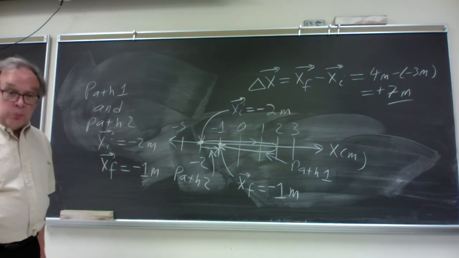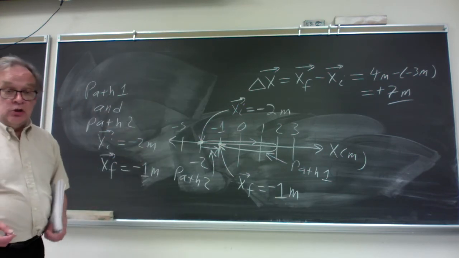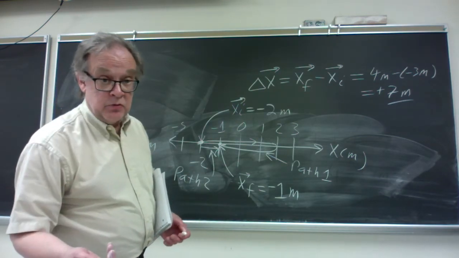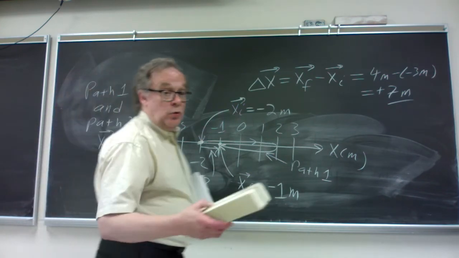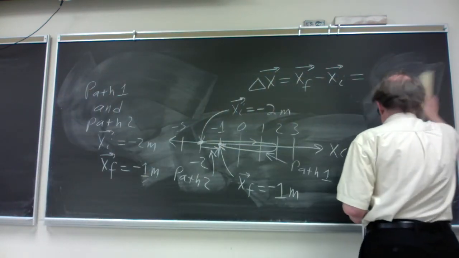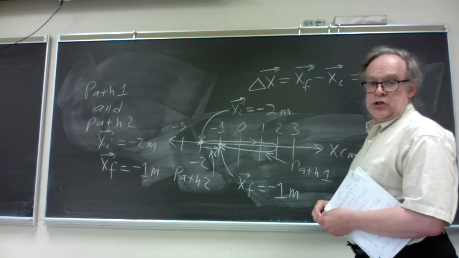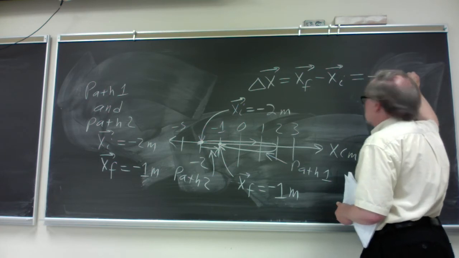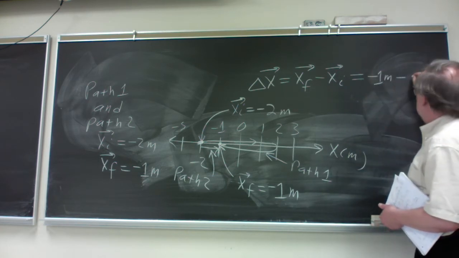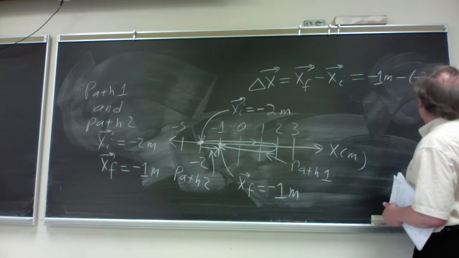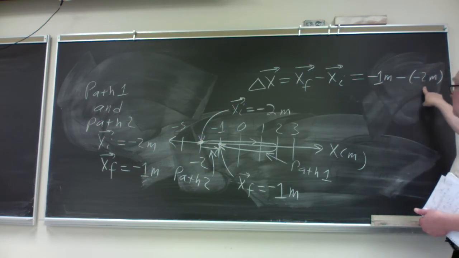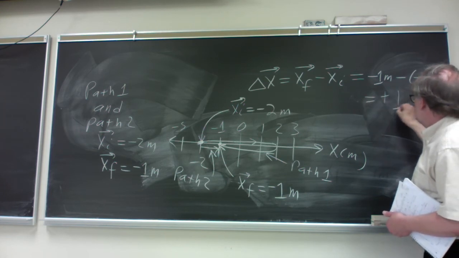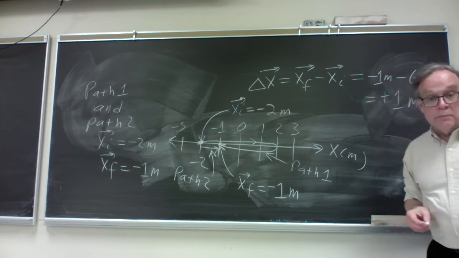So for both of them, the change in location vector, which by the way we also call the displacement vector, for both of those cases, final location is minus 1 meter minus the initial location, which was minus 2, minus 2 meters. So that gives us minus 1 plus 2 meters, or plus 1 meter.